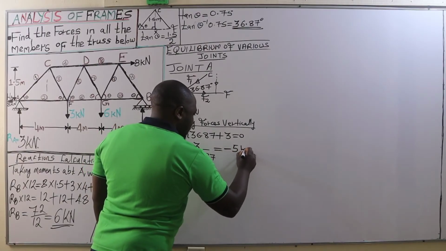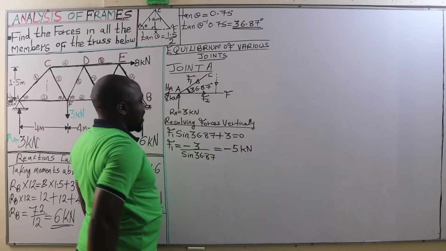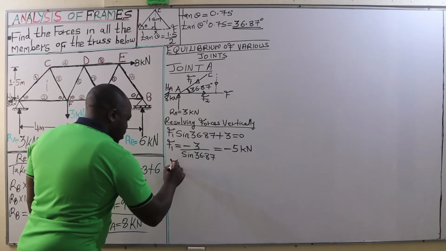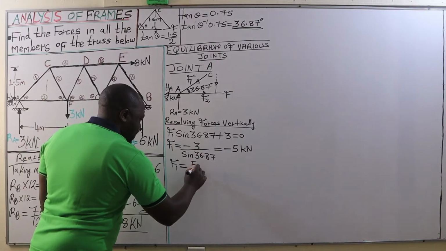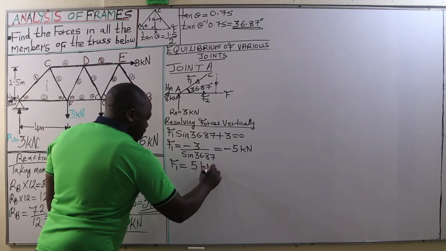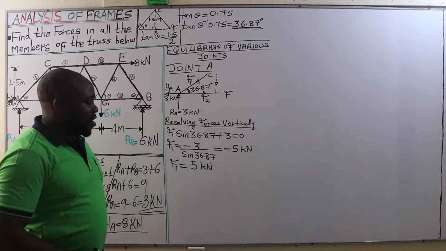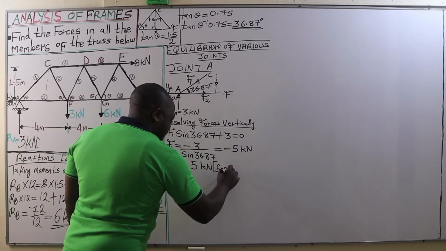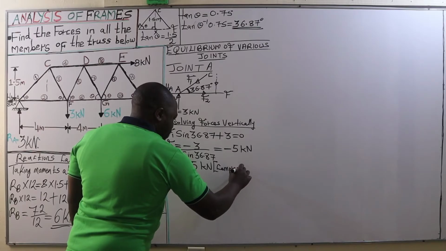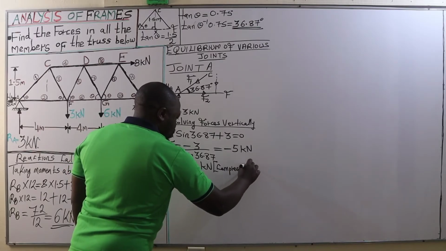Therefore, the value of F1 is negative 5 kilonewtons. Now, if we ignore the negative sign, we have F1 with a force of 5 kilonewtons, and that means that F1 will be a compressive force.